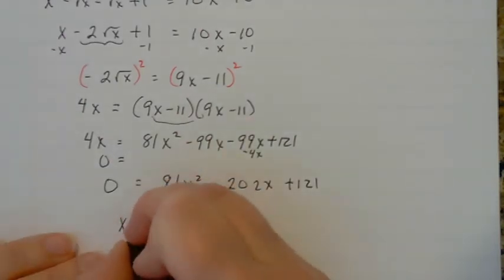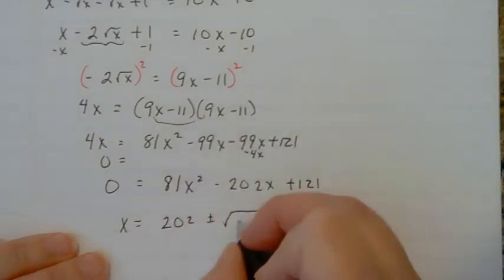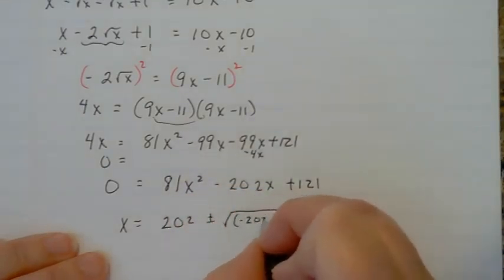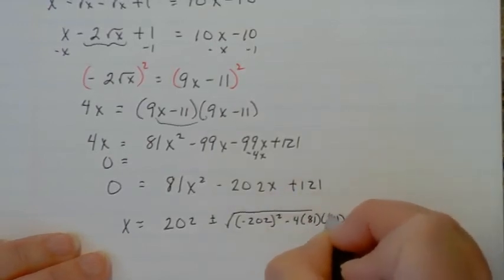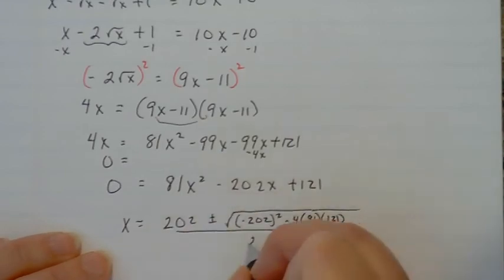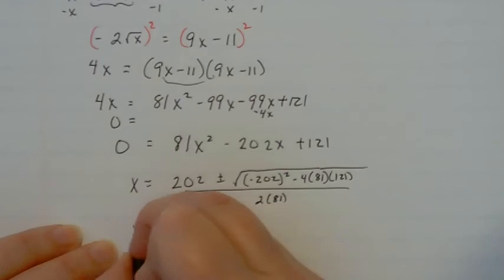To find x, x equals the opposite of b plus or minus the square root of b squared minus 4ac over 2a. Now I'll have to use my calculator for this.